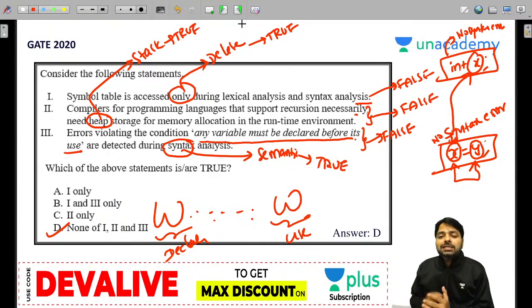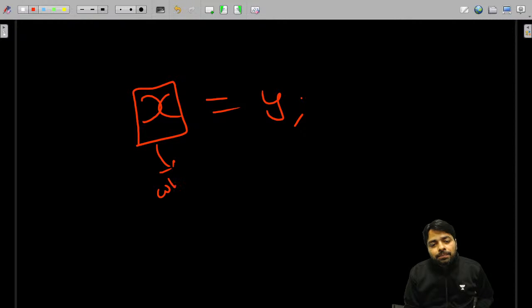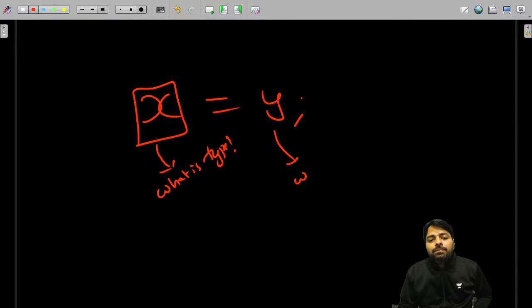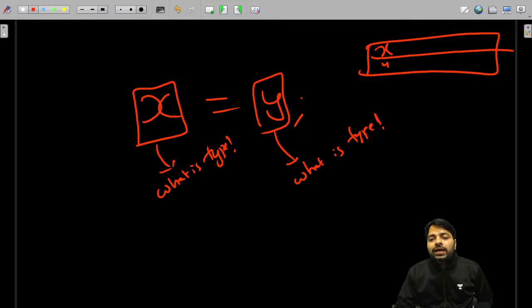How can semantic analysis detect this error, guys? How can semantic analysis detect x is equal y? The semantic analysis comes here. What is the type? It is going to look in the symbol table. What is the type? If no type, it means it is not declared. Very simple. It is not defined. If x and y are in the symbol table, and there is no type, because there is a type column, here also no type, let's say.